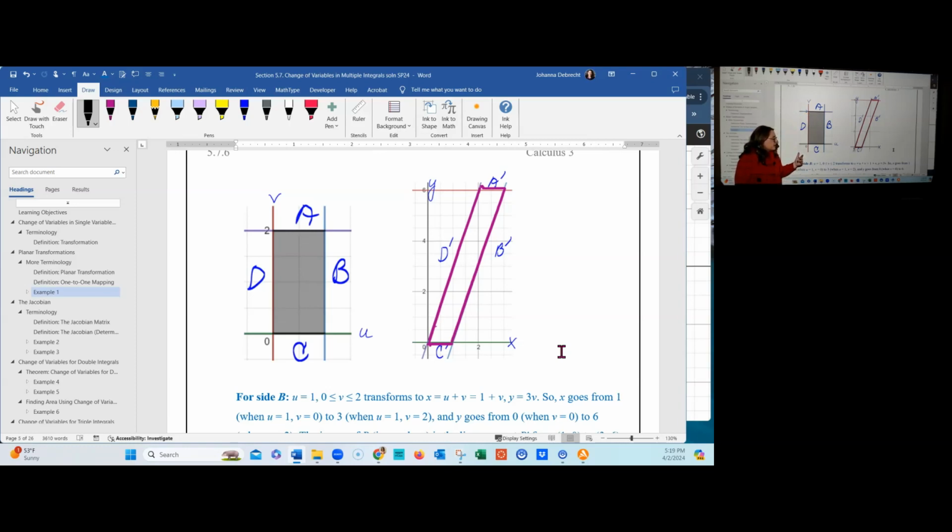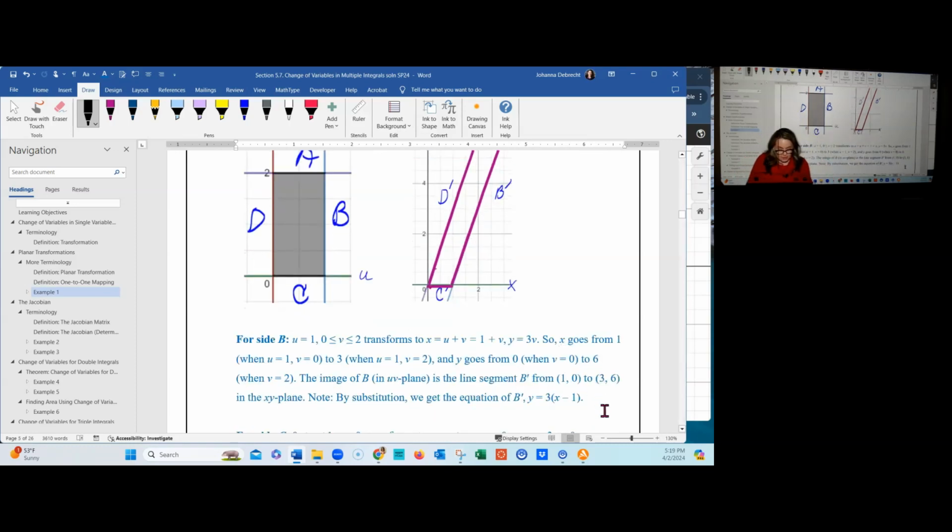So x is going to vary from 1 to 3. And when that happens, what's the value of y? Well, y is equal to 3 times V. But V goes from 0 to 2, so y has to triple each of those. It goes from 0 to 6. So we have a line segment which is going to connect (1, 0) to (3, 6): the smallest value of x and the largest value of x, the smallest value of y and the largest value of y.